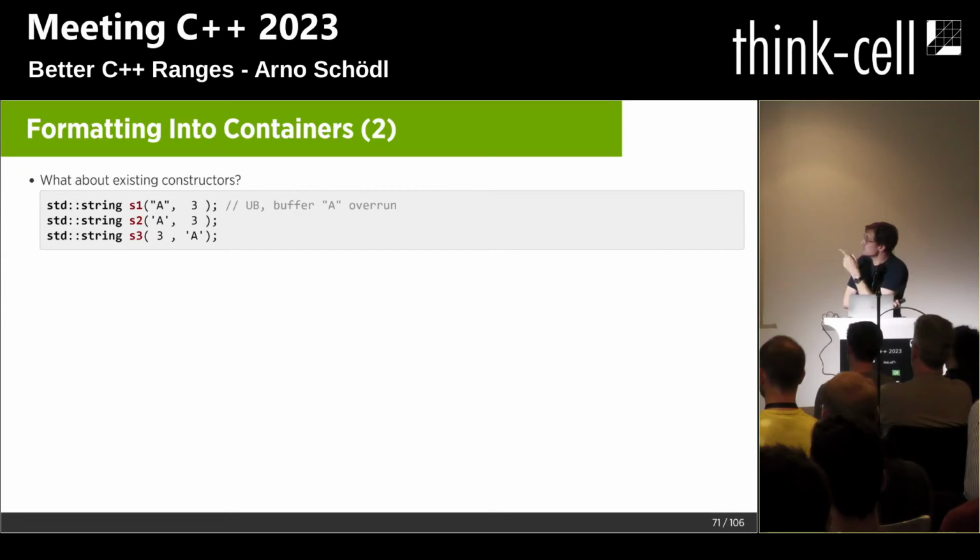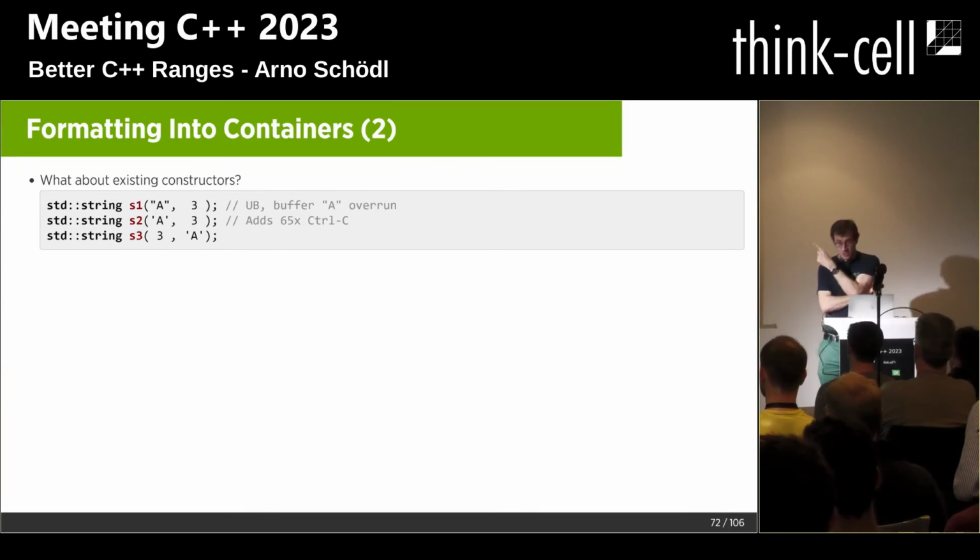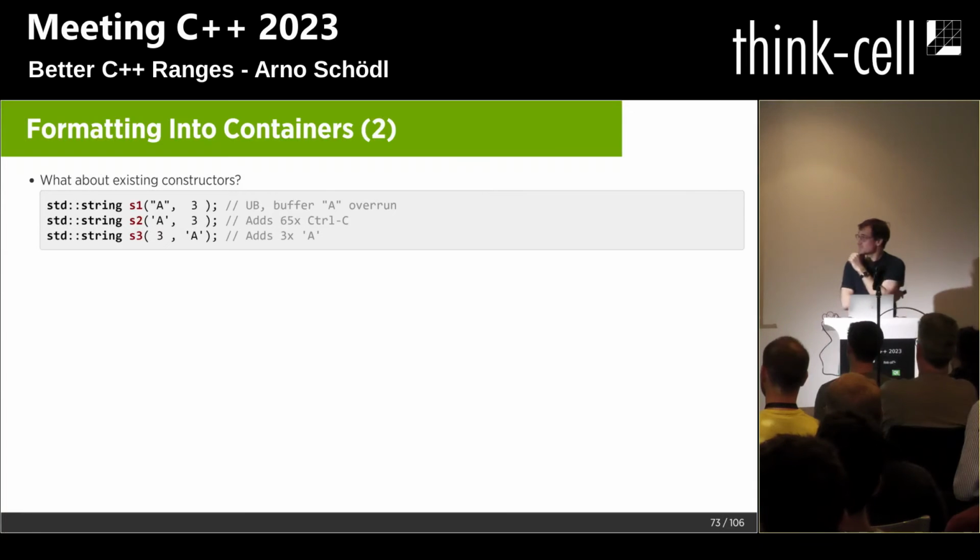So you try to put a length of 3, the buffer of a length of 3 in the buffer A, but that's UB because A is only 2 long. A in the multiplier. Okay. This one, as you all know, probably adds 65 times Control-C into the string. Okay, this is exactly what I want in this case. And that adds 3 times the A.